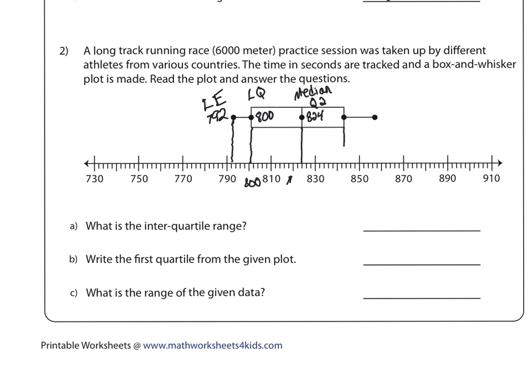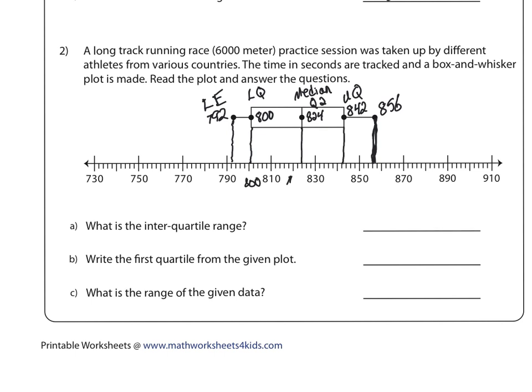The upper quartile falls right here, UQ, and that looks like it's at 830, 840, 842. And our upper extreme kind of looks like it's falling right in between the two lines, so I'm going to try and line that up a little bit better. Let's go with the lower of the two. That gives me 850, 3 more lines, counting by twos, 856.